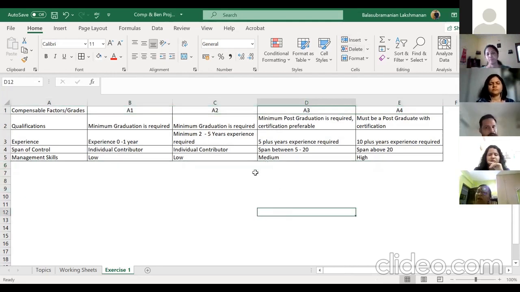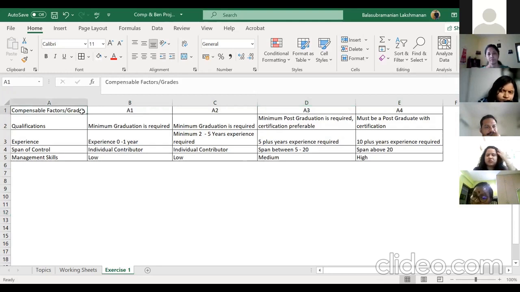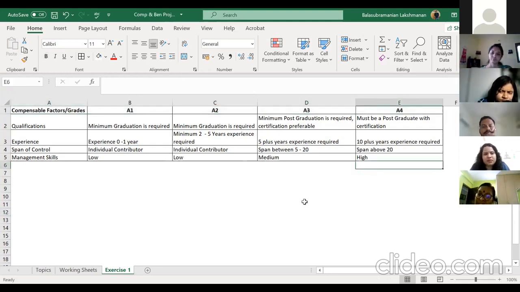For example, project manager. In one organization X, the project manager does only 2 projects, while in Y does 10 projects. So scale and scope are different. So don't go by titles.